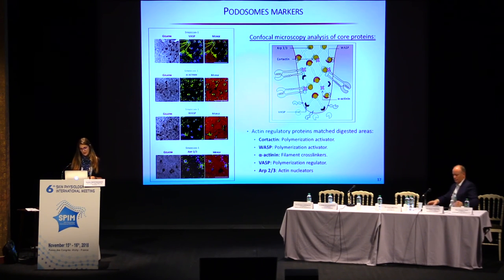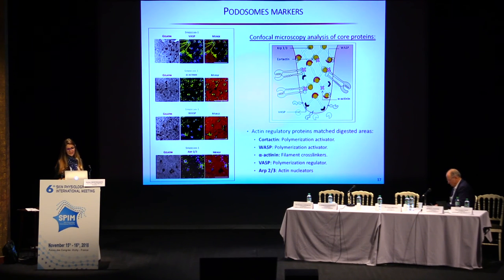So in order to characterize our observed structure, we performed immunostaining of the core proteins, and especially of WASP, alpha-actinin, VASP, and ARP2/3. And the results are shown here. So as you can see, all the actin regulatory proteins analyzed match the digested areas as blue dots located inside the digested areas and surrounded by the syndecan-1 rings in all our immunostaining.